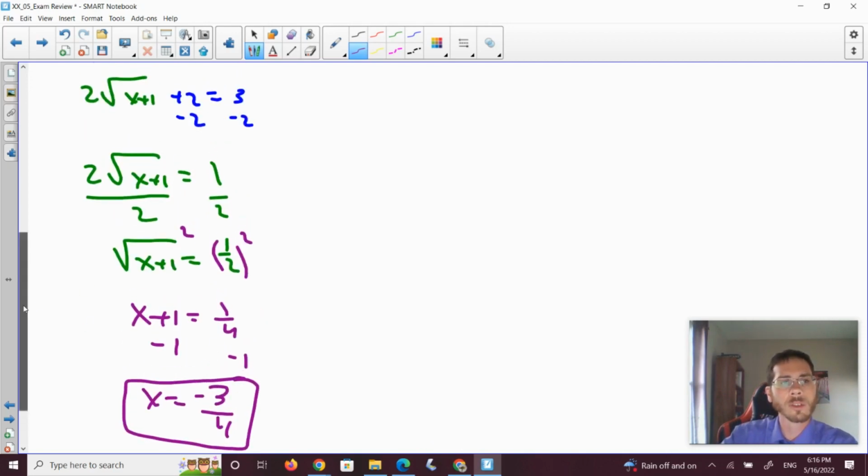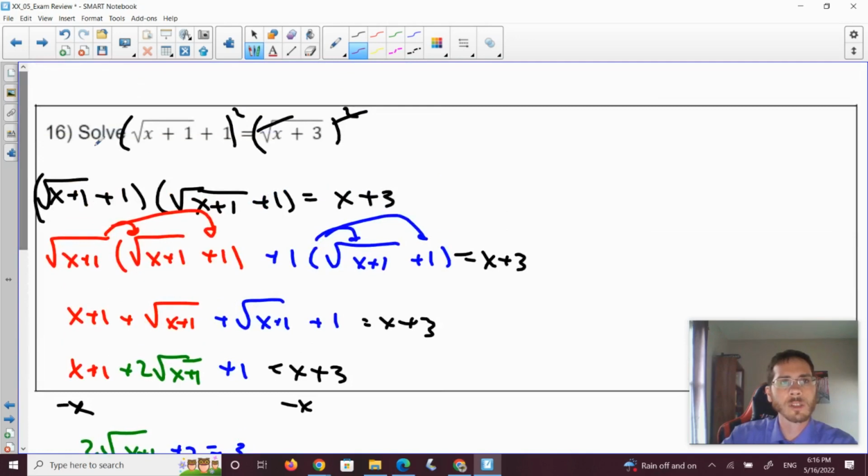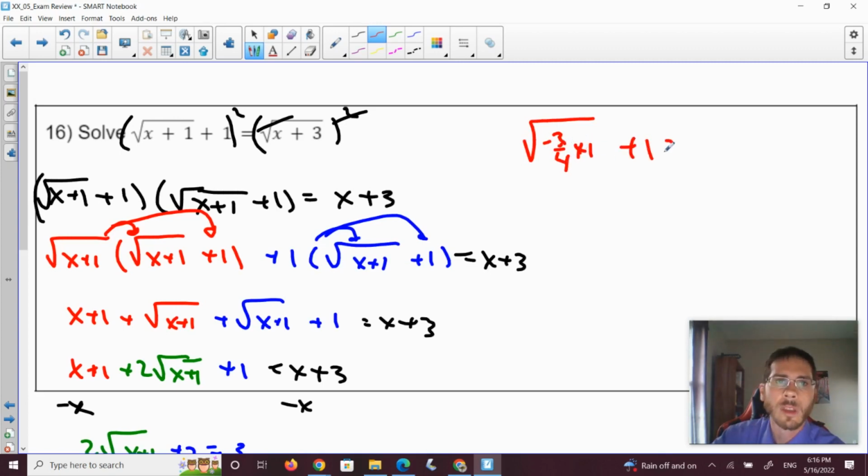So what I need to do, though, is make sure that negative 3/4 actually works. So I do need to plug in negative 3/4. So we'll do square root of negative 3/4 plus 1. I'm suspicious already because I got a negative, but you never know. Square root of negative 3/4 plus 3.